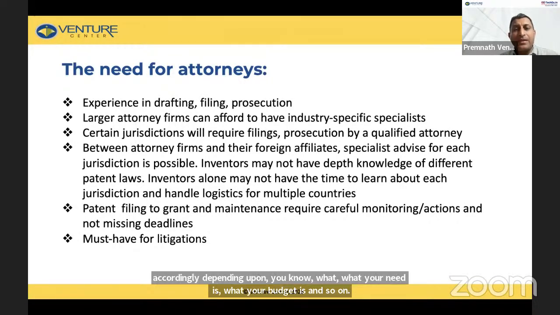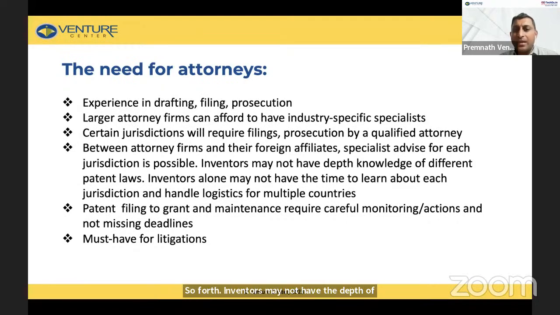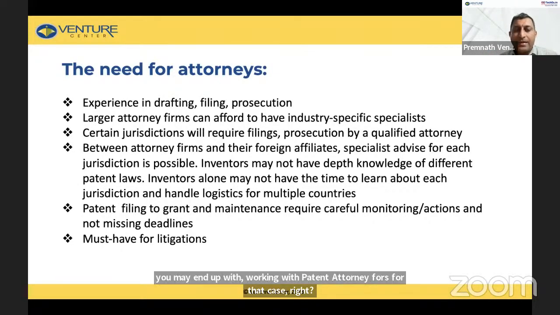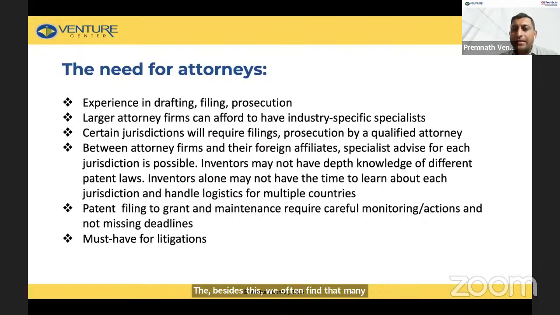Inventors may not have the depth of knowledge of different patent laws. Inventors also will not have the time to learn all this or handle the logistics of multiple countries. So you may end up working with patent attorney firms in that case. Besides this, we often find that many organizations don't track deadlines carefully.